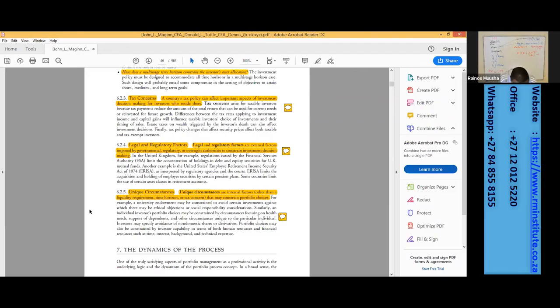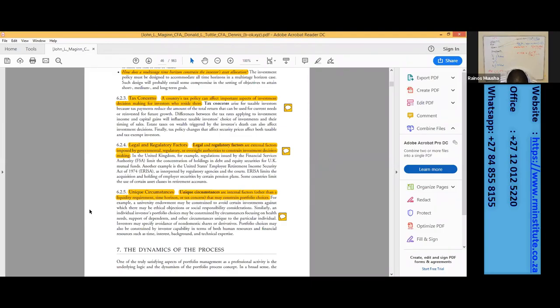Similarly, an individual investor's portfolio choices may be constrained by circumstances focusing on health, needs, support of dependents, and other circumstances unique to the particular individual. Investors may specify avoidance of non-domestic shares or derivatives.